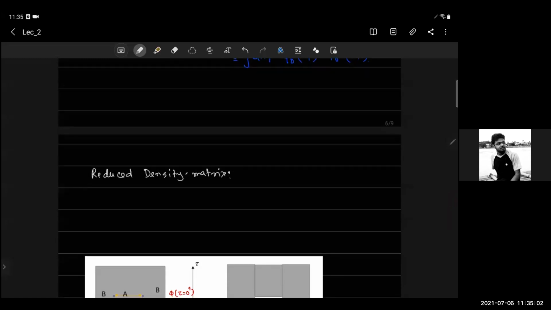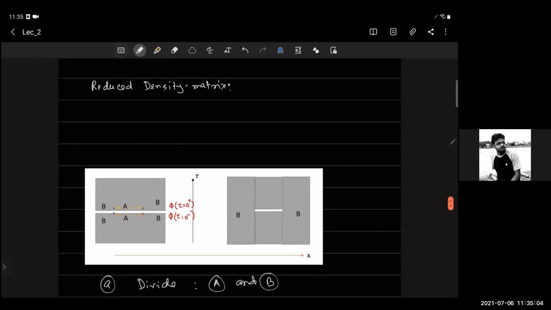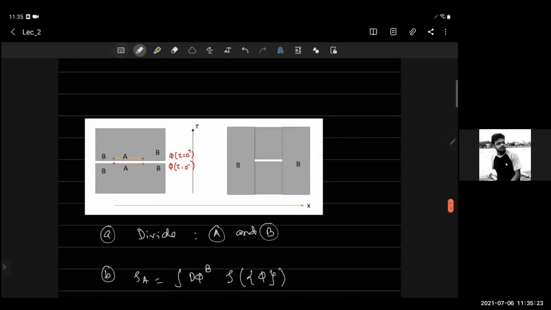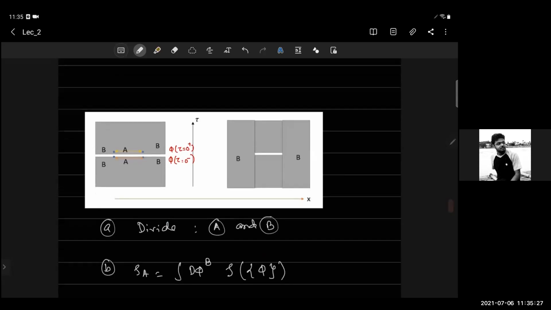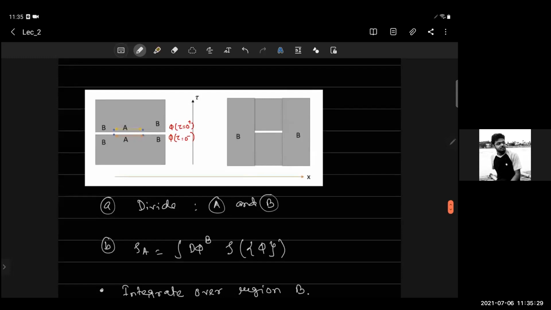So here in the spatial slice, tau is on the y-axis, and x is the spatial direction. You subdivide the spatial region into A and B. This is the A region shown in the picture, and the rest is B. So the first task is to divide into subregions A and B. Then you obtain the reduced density matrix by integrating out all the fields in the B region.